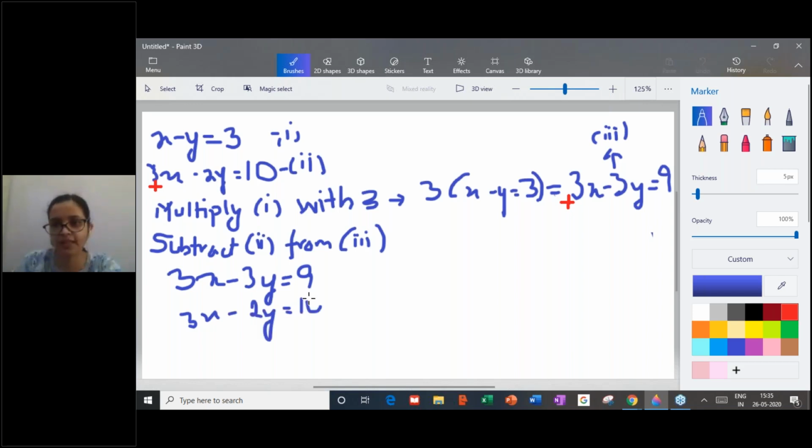So now I'm subtracting. So this will become minus, this will become plus, and this will become minus. Correct?